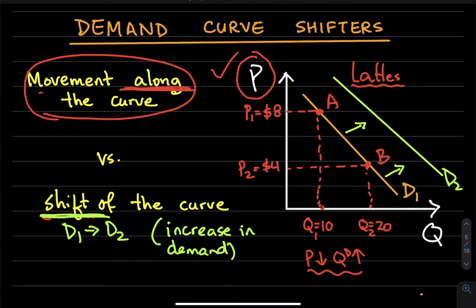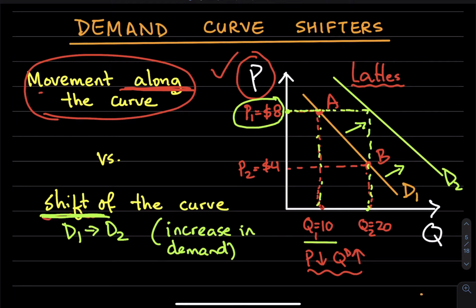And what do we mean by that? We mean that if anything causes the demand curve to shift, and we'll talk about that very soon, what this means is if the demand curve is shifting, that means that at any given price, let's say it's $8, now we are demanding more. So earlier at the price point of $8, we were only demanding 10 lattes.